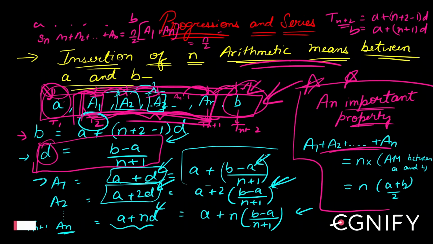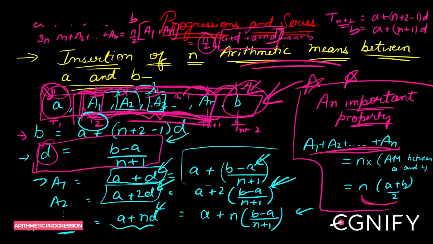So I know the first term, which is A plus D, and I know the last term also, which is A plus nD, right? So when you substitute the value of D here, you will get this particular formula, n by 2 into A plus B. This particular thing will give you the value A plus B, right? And n by 2 is anyway outside.